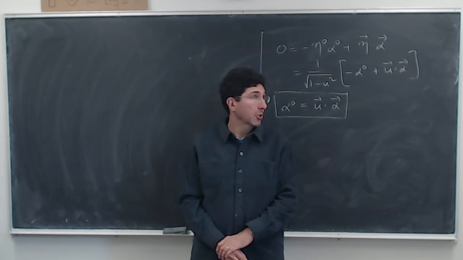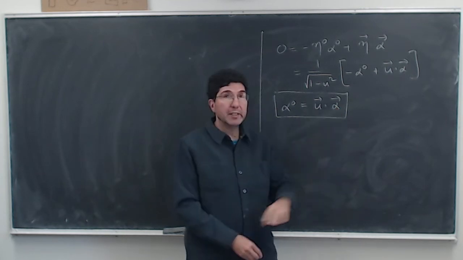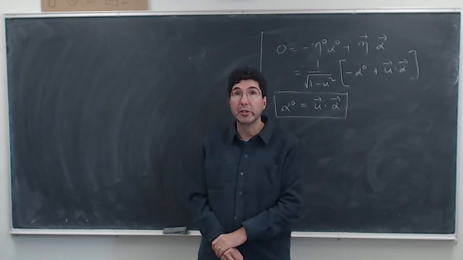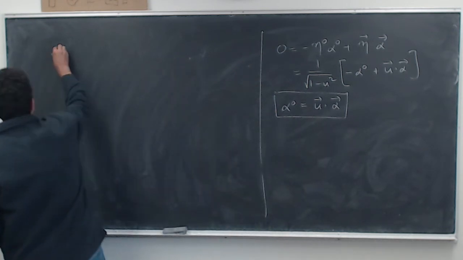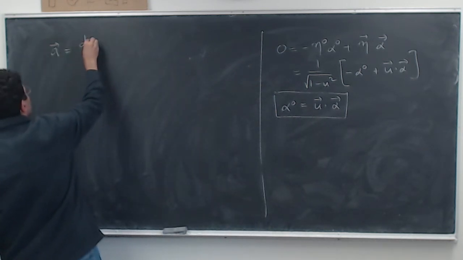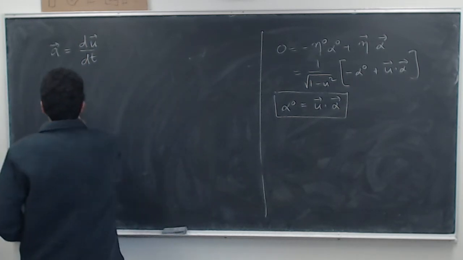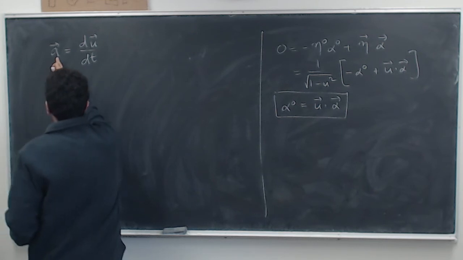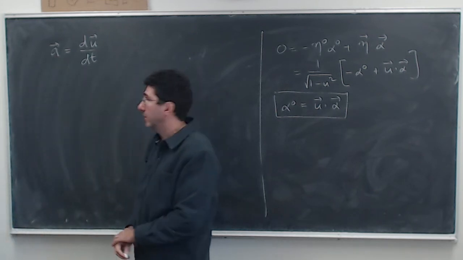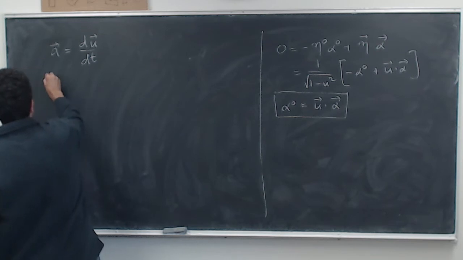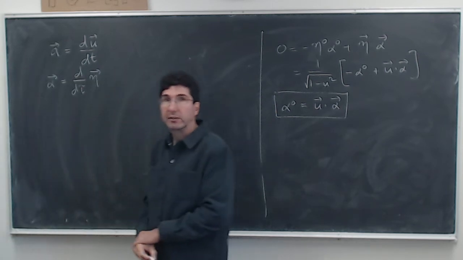Okay, now we want to determine the relationship between alpha vector and the ordinary acceleration. The ordinary acceleration A is just given by du dt, right? That's the ordinary acceleration. And we want to find the relationship between this and the alpha vector. And to do that, we just use the definition of the alpha vector, namely that it's d by d tau of the eta vector, right?